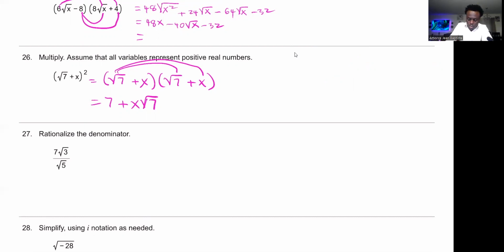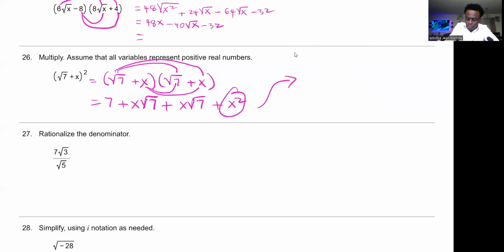And then we do this again. That's another plus x square root of 7. And then we do this plus x squared. Then we continue over here. Let me put it in order.